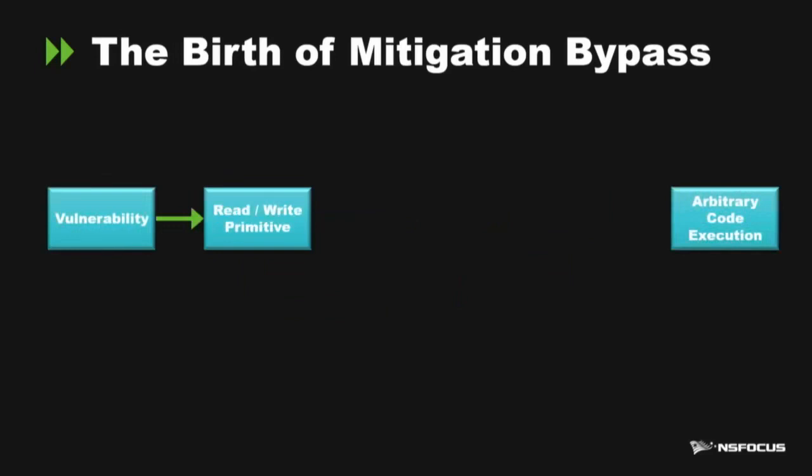There are many ways to achieve this, but the most popular was first to get read-write primitives from the vulnerability, and then use this read-write capability to hijack control flow.